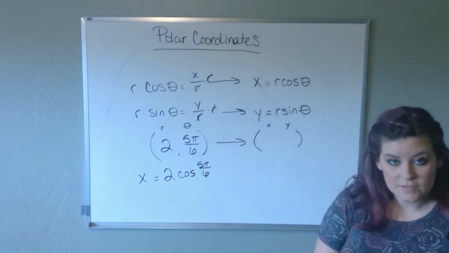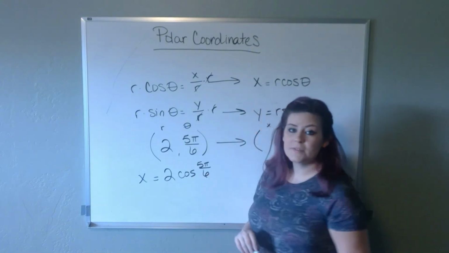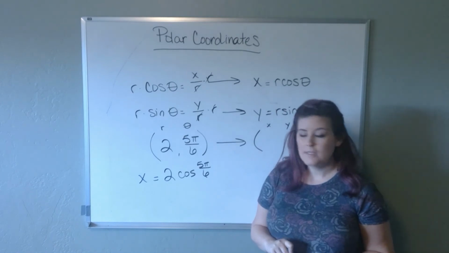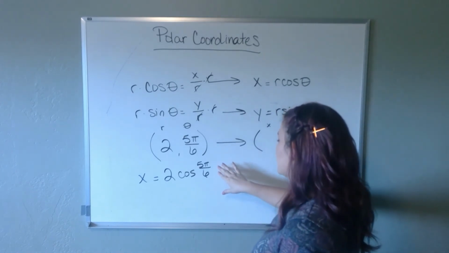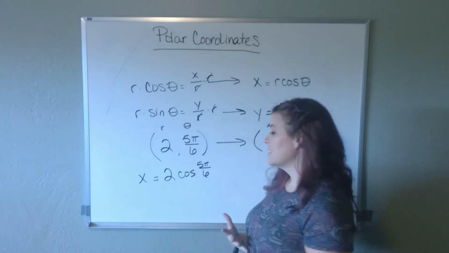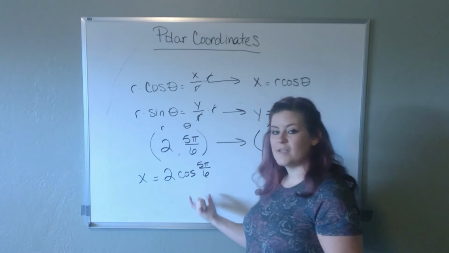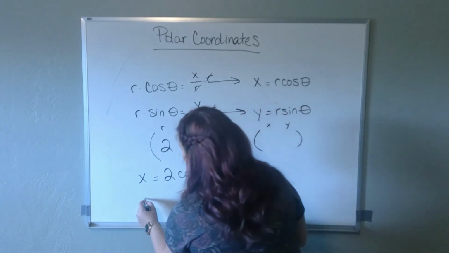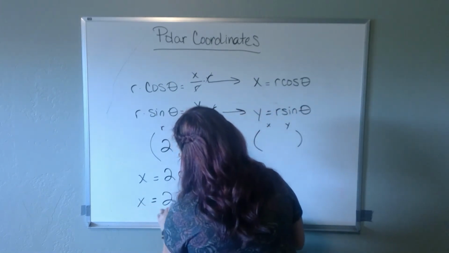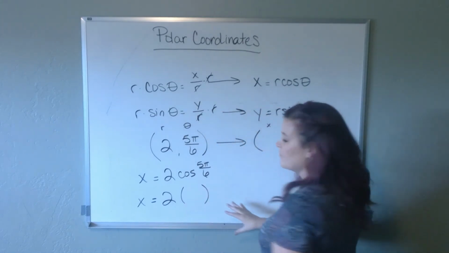Remember, you've got your unit circle handy. But let's talk about the cosine of 5 pi over 6. So it's in the second quadrant. It's a pi over 6. You guys, the cosines there are the root 3 over 2s. In the second quadrant, cosine is negative. So you're going to have your r, and then fill in what is the cosine of 5 pi over 6?